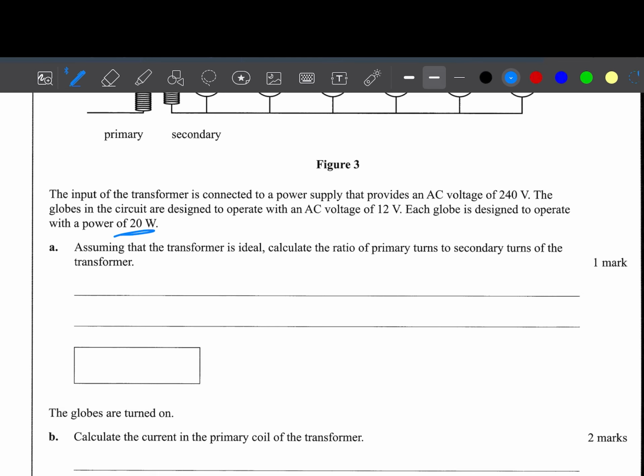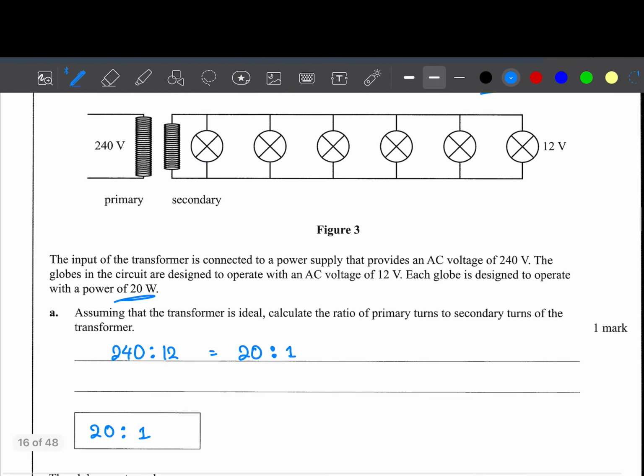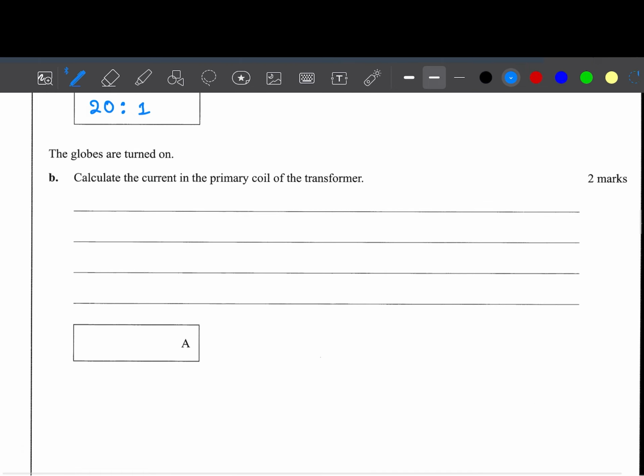So it's going to be 240 to 12, which equals 20 to 1. So our answer is going to be 20 to 1. The globes are turned on, so all of them, I guess. There are 6 of them. Calculate the current in the primary coil of the transformer.